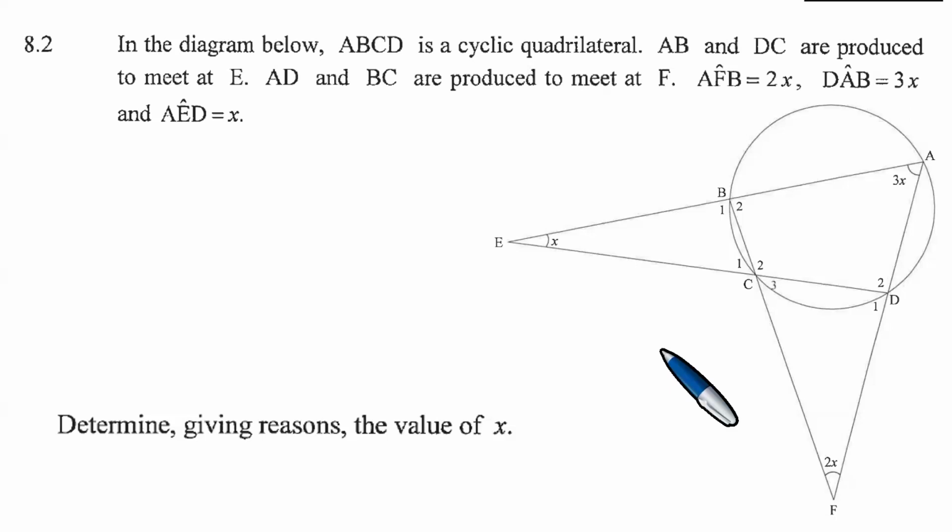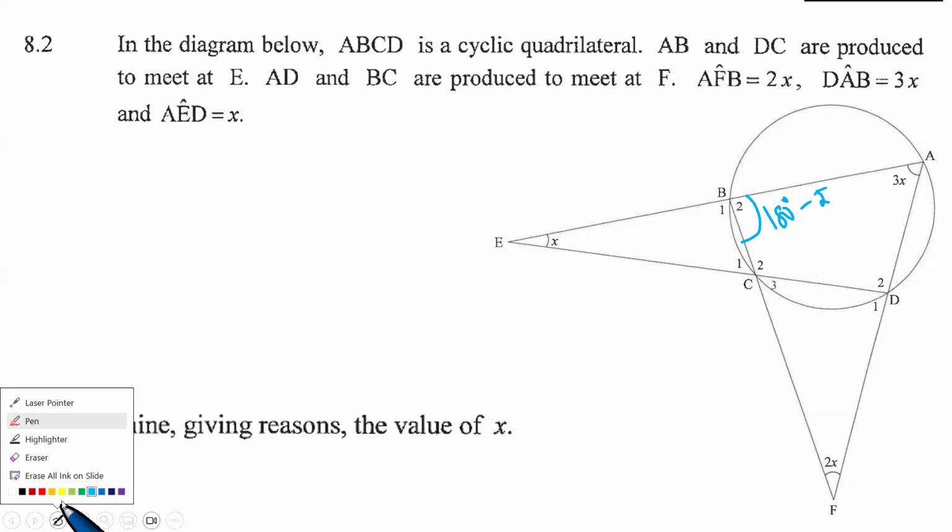I started by expressing B2 as 180 degrees minus 5x, because of the sum of angles in a triangle. So this is 180 degrees minus 5x, right?